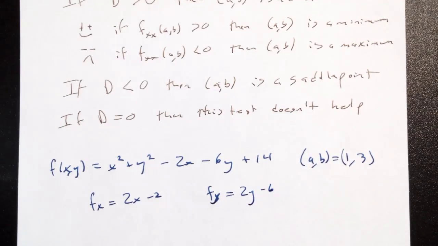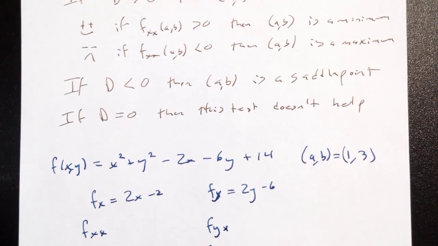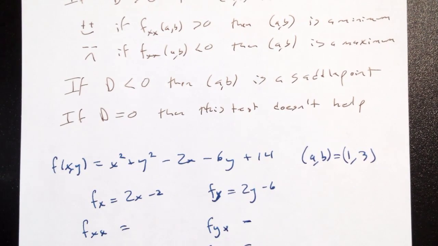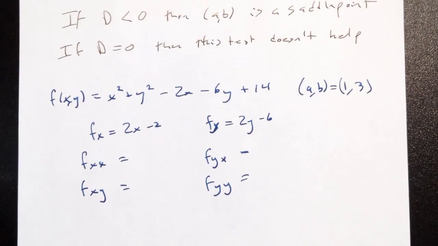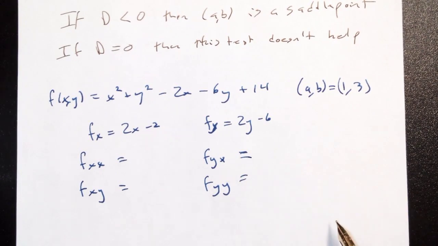Those were our first derivatives. What are our second derivatives? What's fxx, fxy, fyx, and fyy? Say again. There are 4 things here. I need 4 numbers total.